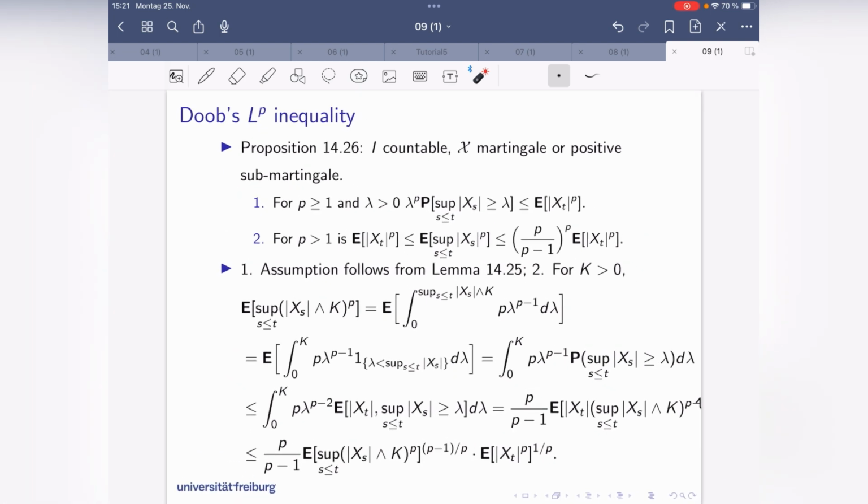This here stays, and then I do all this to the power of p. And then I have the same thing here and here, once I let k go to infinity. And this here I have to do to the power of p, which is this here. And this to the power of p, which is this here. And I'm done with this proof.